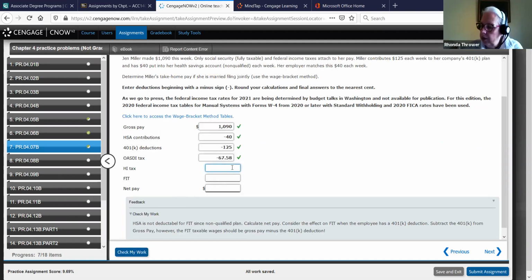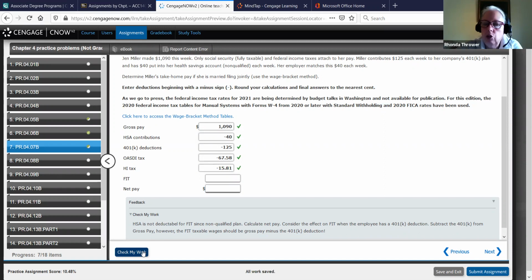And then 1,090 times 0.0145 or 1.45%. That'll give you the Medicare taxes, which you have to round up to $15.81. Make sure you put the minus sign in front of the amount.